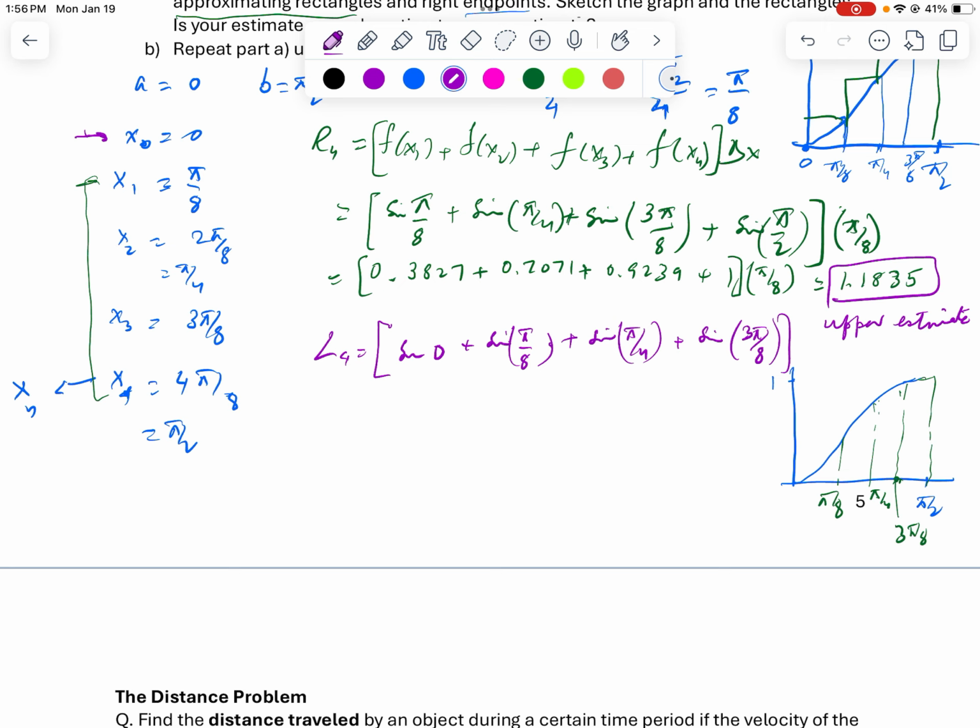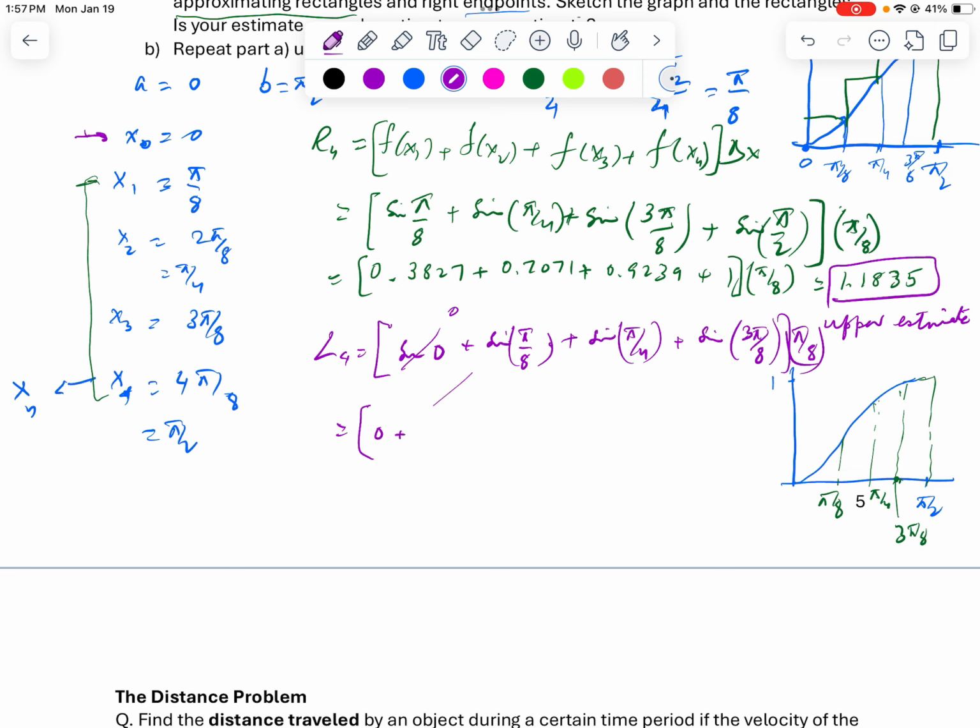And then we also have to multiply it by pi over 8. So sine of 0 is 0, so this is gone. I'm putting the 0 so that we know the number of terms is correct, because if I don't put 0, you will see only 3 terms.